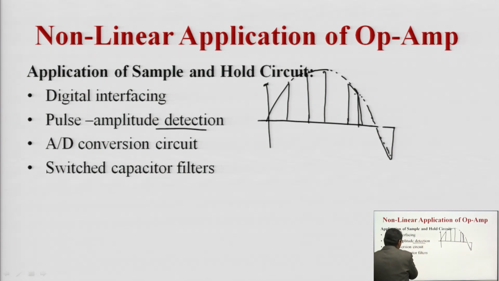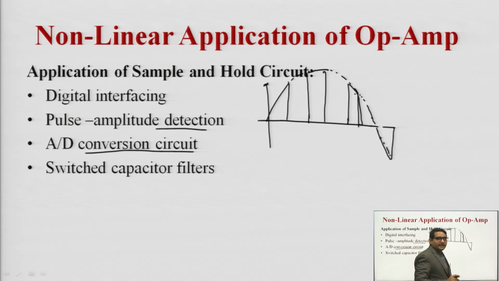And one important thing is ADC. In analog to digital conversion, we can use the sample and hold circuit. In many ADC converters, for example, SAR and counter type ADC, we can use the sample and hold circuit.